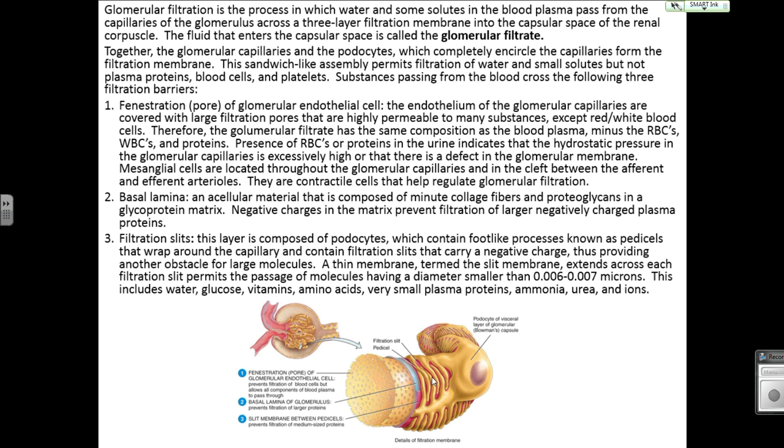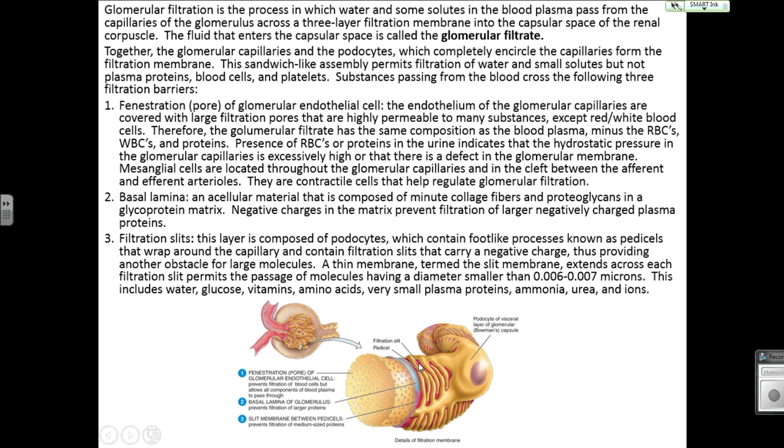They're also not going to want to go to the third layer, which is the little gaps between the finger-like or foot-like podocytes. My fingers, how I'm showing you, have those gaps. The gaps are called filtration slits. And they carry a negative charge, providing another obstacle for large molecules.